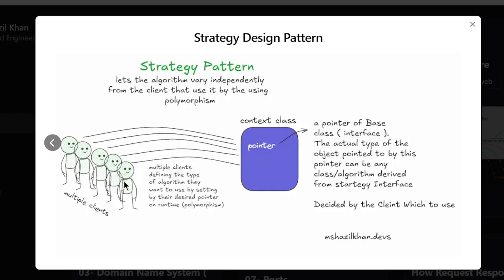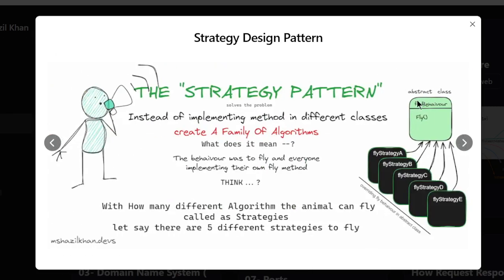So we are going to create the pointer of the fly behavior type, and if animal A wants to use the algorithm E or fly strategy E, then animal A is going to pass the object of fly strategy E to this class, and it is going to set the pointer of this class, and now animal A is able to use the algorithm or strategy E. So in this way we are doing this.